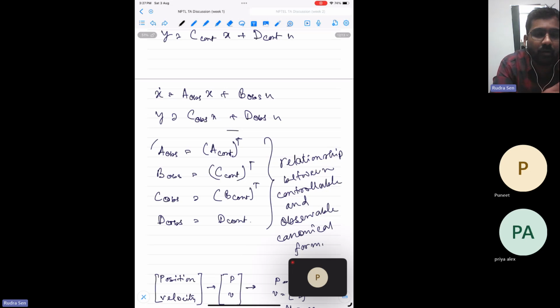In the observable form, we basically need the output and input, because we know that all the states are not measurable, right? That's why we need to design the observer, and we need an observable canonical form. So for that case, we need to make a relationship between the output and input.